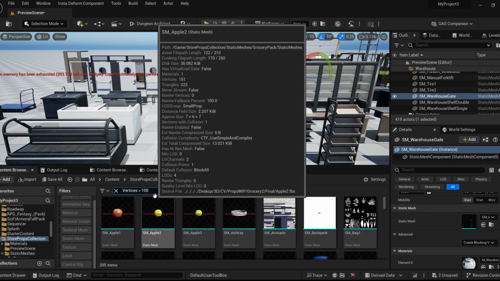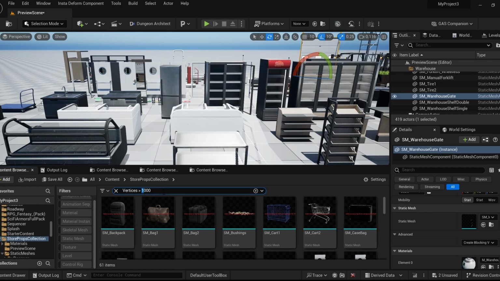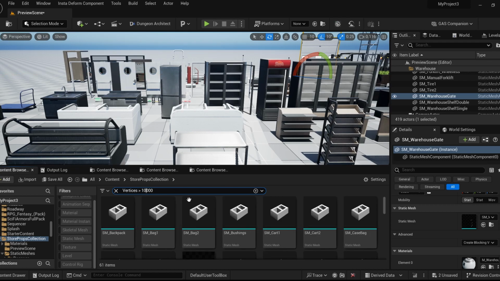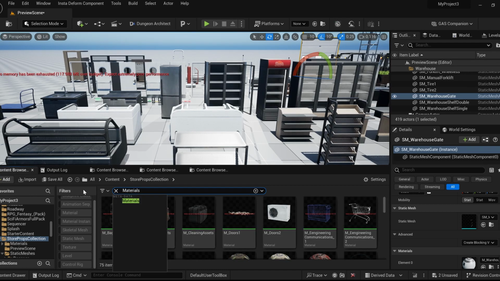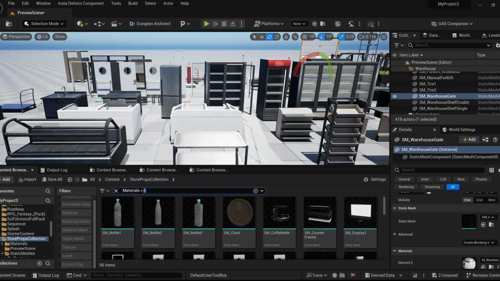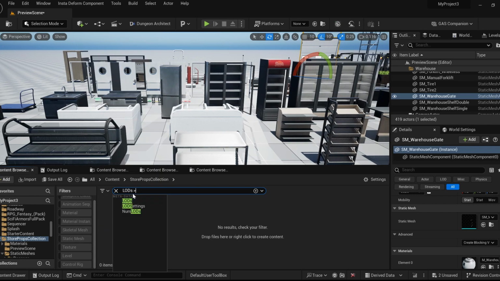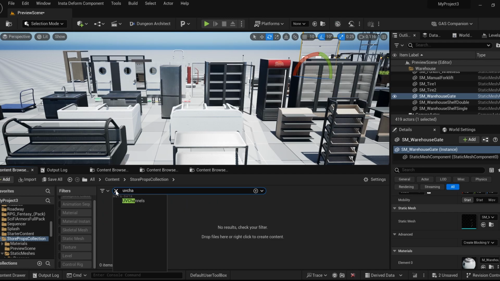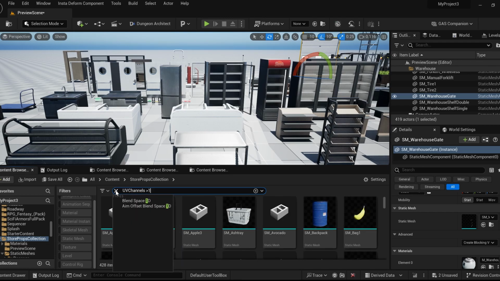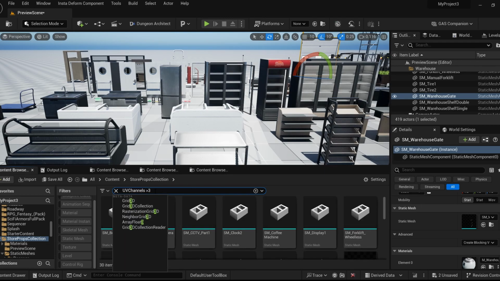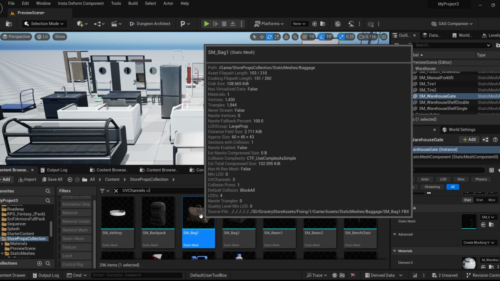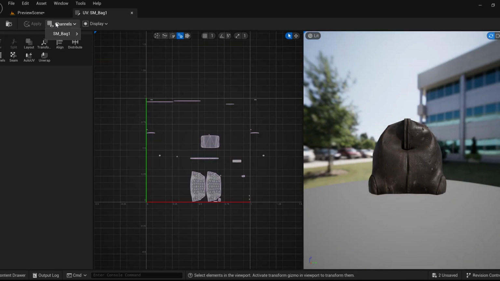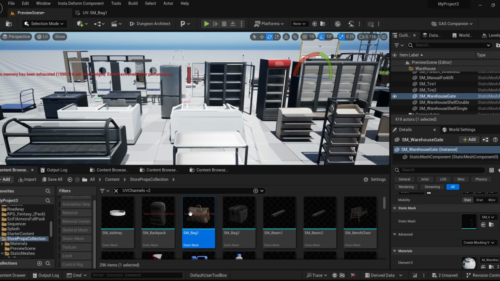As for the vertices, most of them are below 5000. About 56 meshes have more than one material. They do have LODs, around 4 for most. And they do have extra unused UV channels, and it's like 296 meshes, so it's not something trivial.